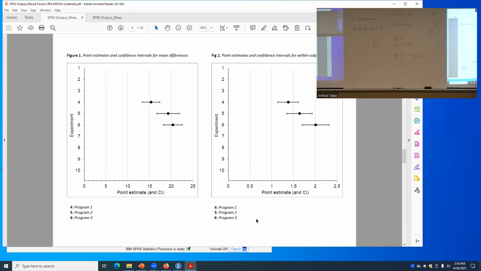Okay, and then here, same thing, but this time with my effect sizes, right? Here we're seeing again program 3 very clearly outperforming program 2 in terms of effect sizes, or program 3 and program 1. Program 2 is kind of in-between here.